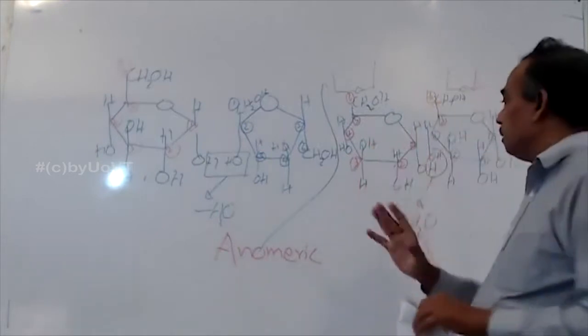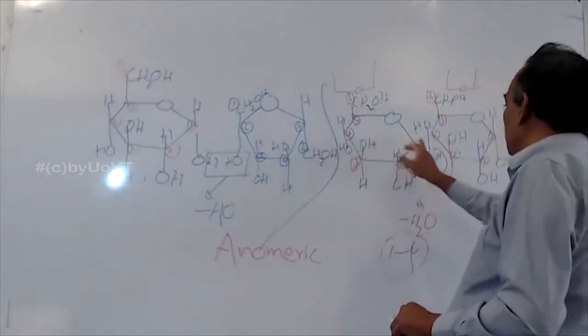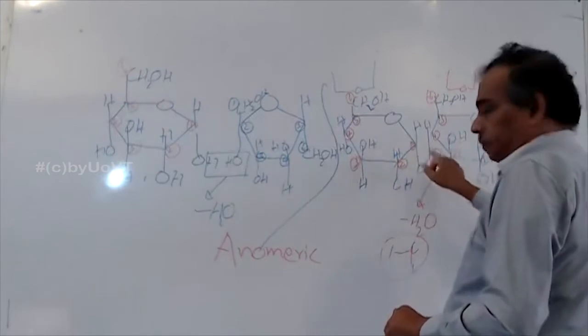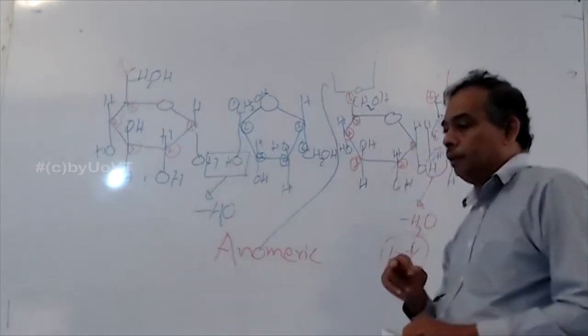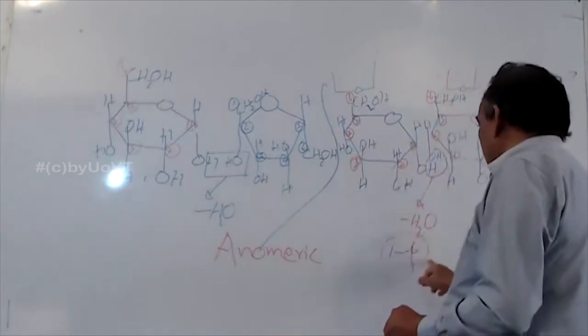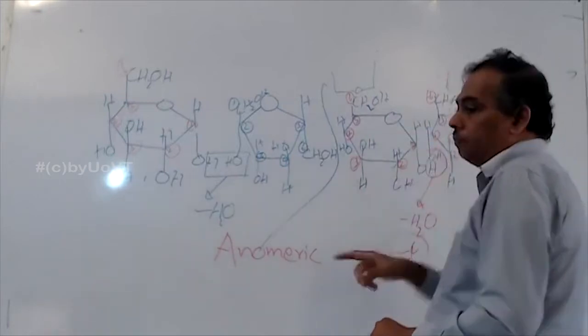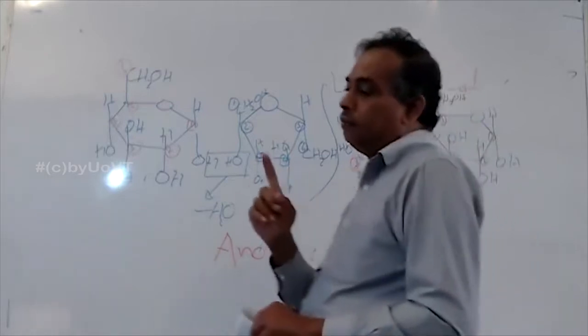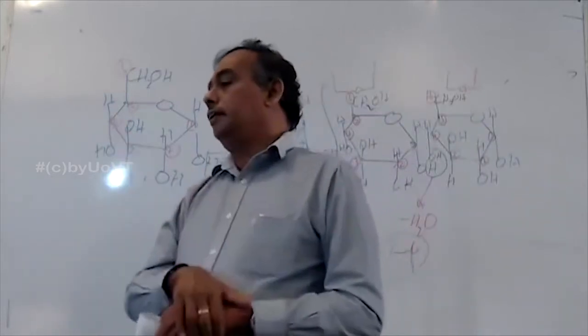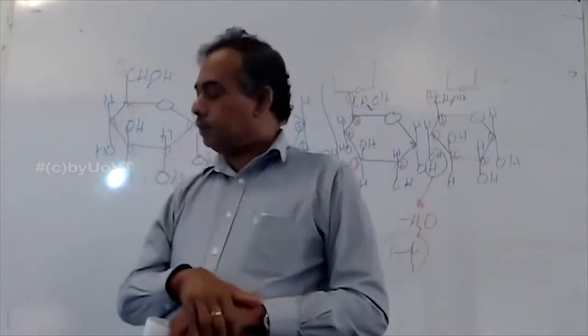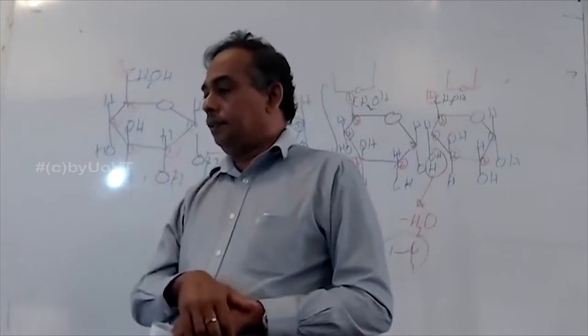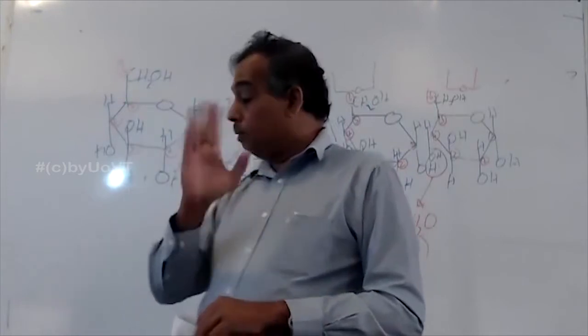Both are anomeric carbons, but 1 anomeric carbon engages in the bond, which is a 1-4 bond. Therefore, only 1 free anomeric carbon is available in the system. Remember, that is a very important point.